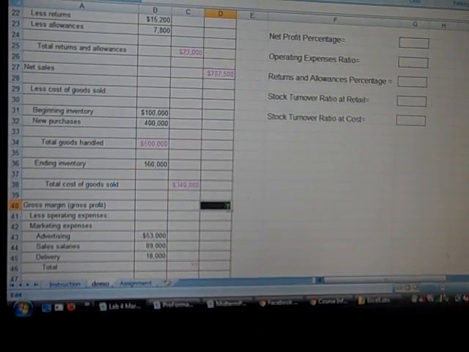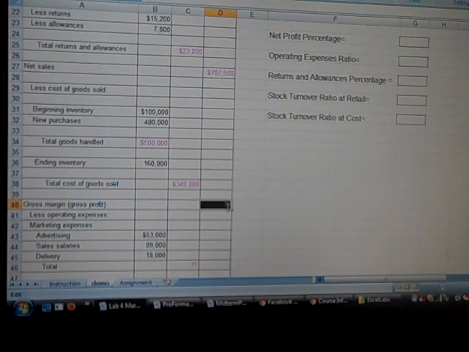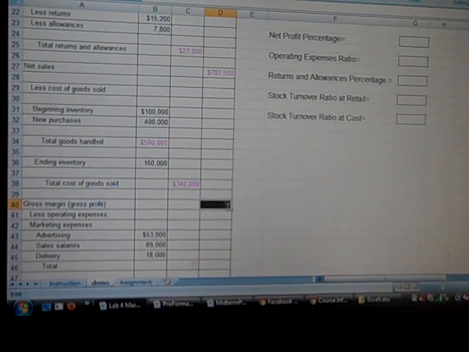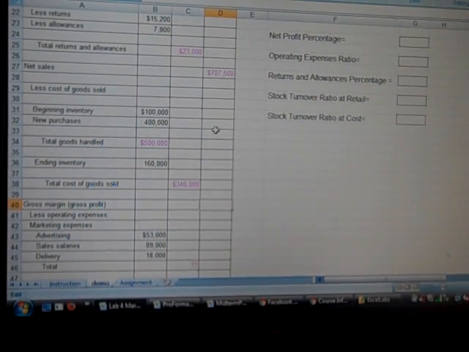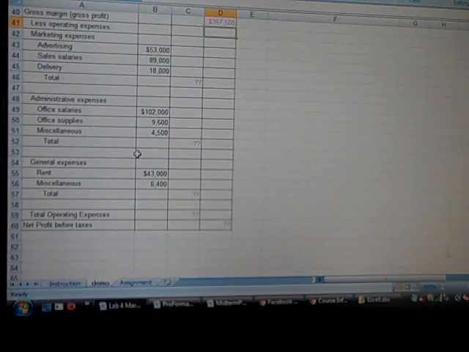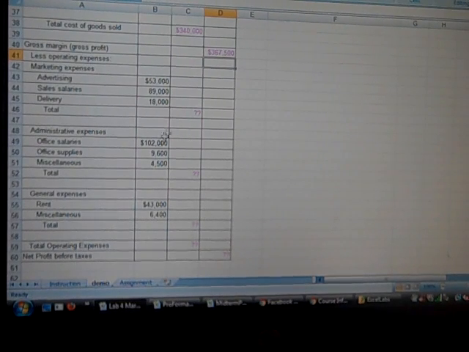To find your gross margin is just going to be your net sales minus your cost of goods sold. So that's going to be here minus total cost of goods sold. Press enter. 367,500. Okay, and then once you get to here, it should be pretty easy. You're just going to be totaling up all these different expenses, and they come from different departments. So there's marketing, administrative, and general.